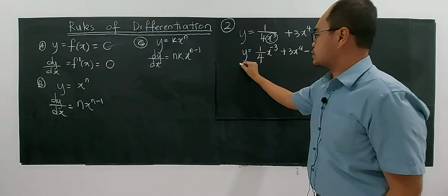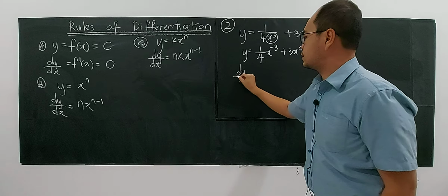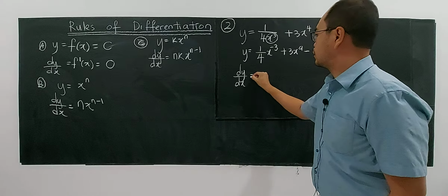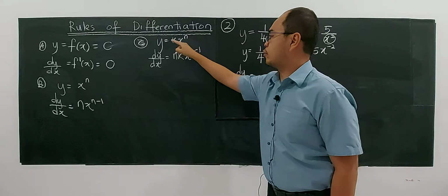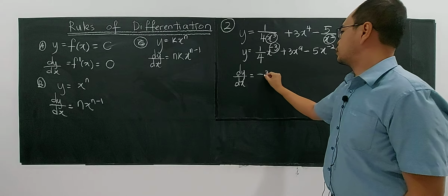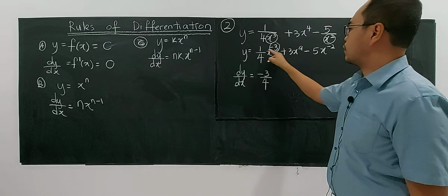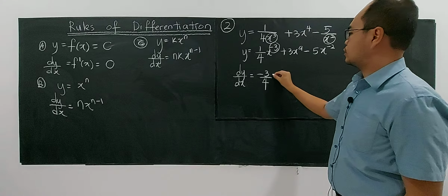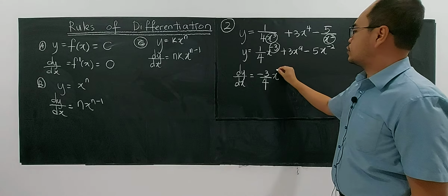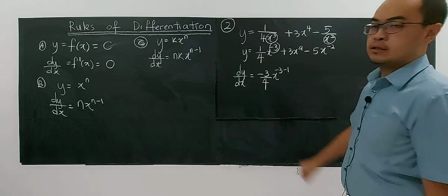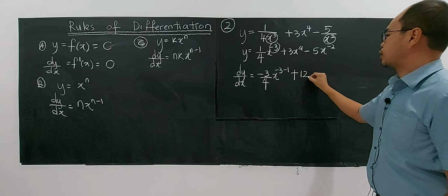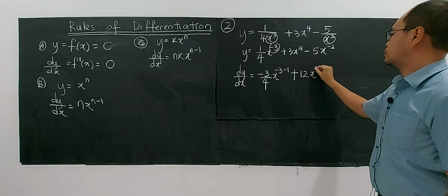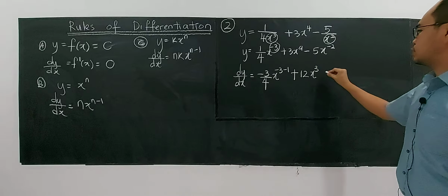So now you're starting to differentiate. It will be easier if you already modify. Then the negative 3, according to this rule, you bring forward. So you have negative 3 over 4, negative 3 multiply 1 over 4. Then x, negative 3, you have to minus 1. So plus 4 times 3, 12, x to the power of 3, 4 minus 1 is 3.